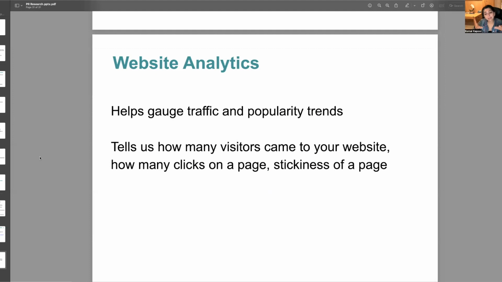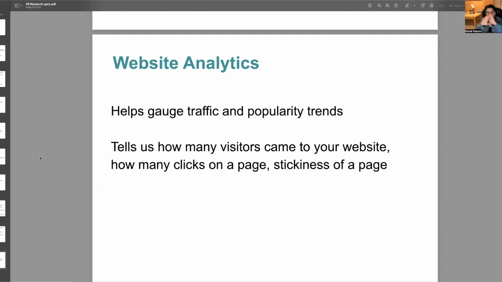How much time did they spend on your site? How much time did they spend on a specific part of your site? If you have a blog, which articles did they spend most time on? Which countries were they coming from? What kind of topic do they seem to be gravitating toward?